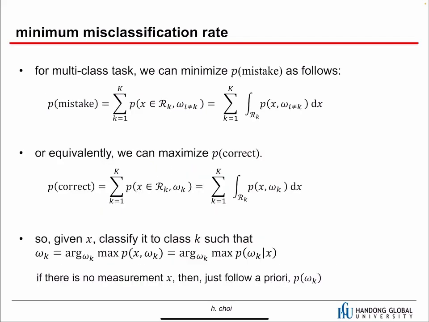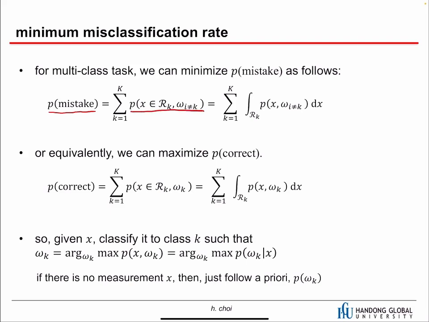Okay, in the previous slide, we talked about binary classification. Now let's talk about the multi-class task. In the multi-class task, we can minimize the probability of mistake as before, and it can be defined in this way. The probability of mistake is actually the sum of this one.